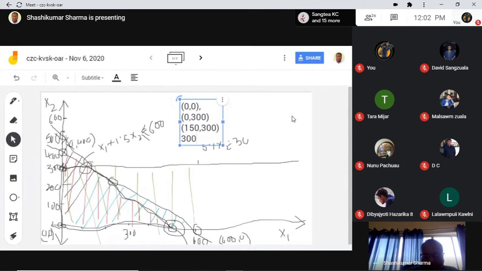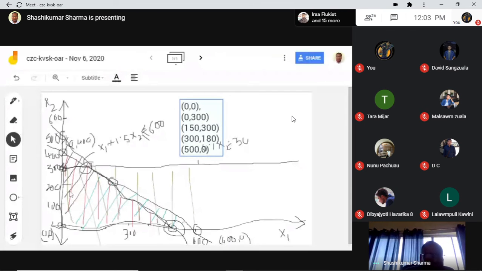300 and 180, and the last point is 500 and 0. Now how do I get this 150 and 300?